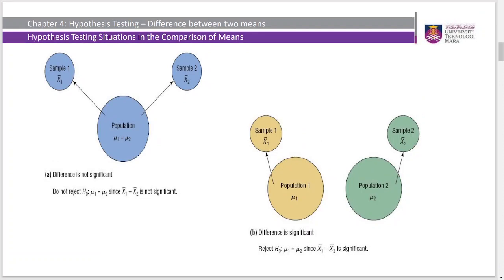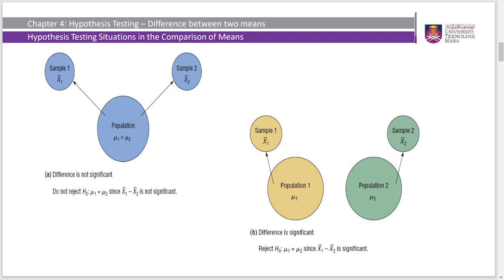Okay, this is just a comparison between what it means by the difference is not significant and the difference is significant. Just a graphical display. If the samples come from the same population, that means they are identical, right? So there is no significant difference. This is what it means by coming from just one population.